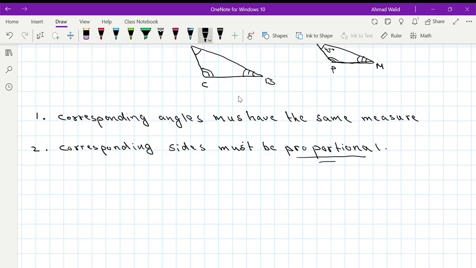It means the ratios of their corresponding sides must be equal.